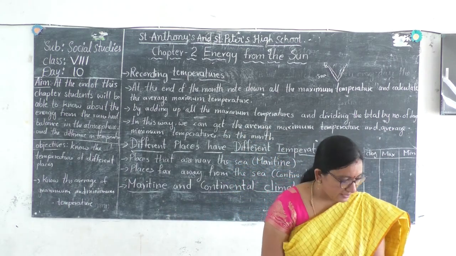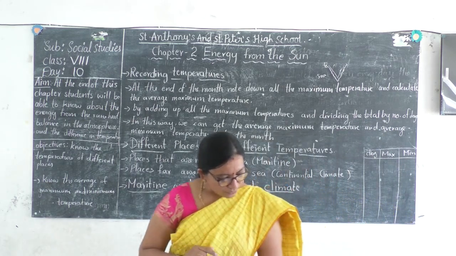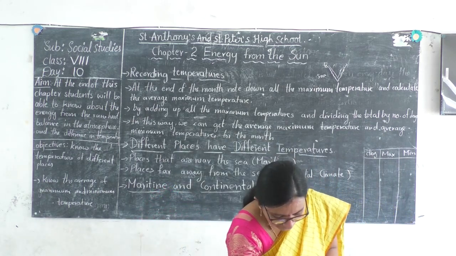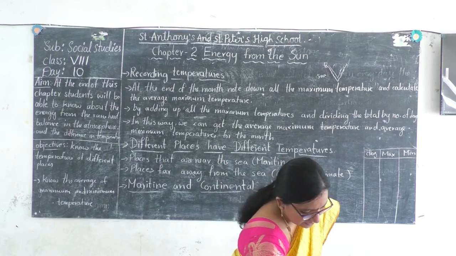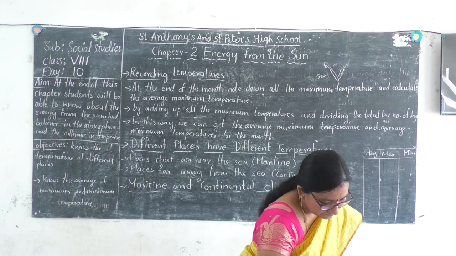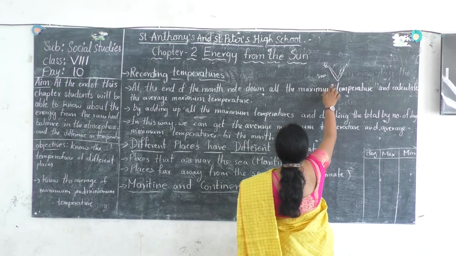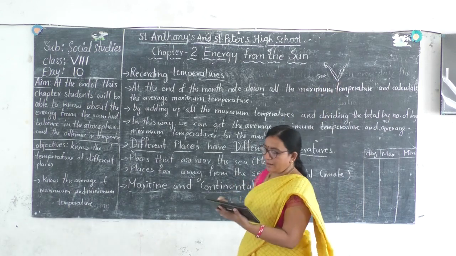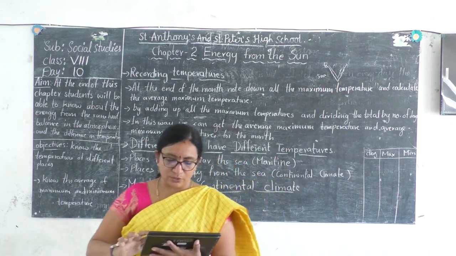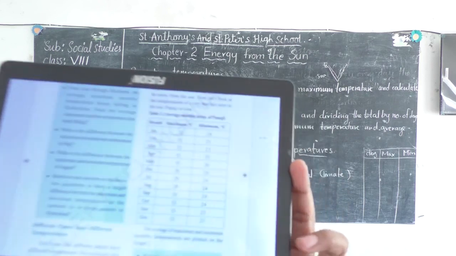For this comparison, let us take an example of the average monthly temperature of Panaji, which is near the coastal region, in Goa. Here are the readings of Panaji. Can you observe the average monthly temperature of Panaji?